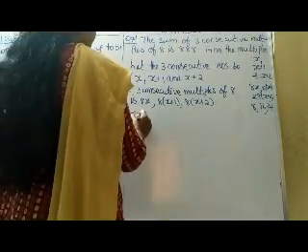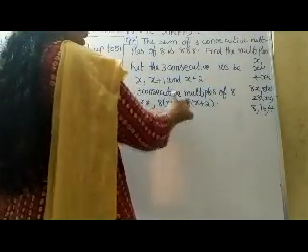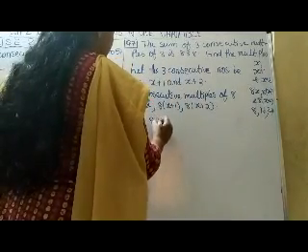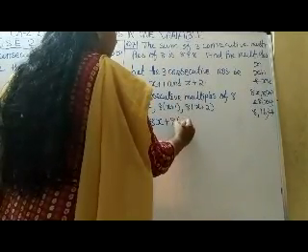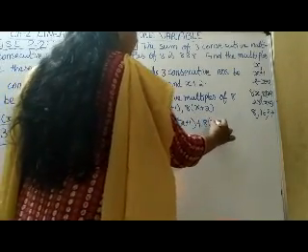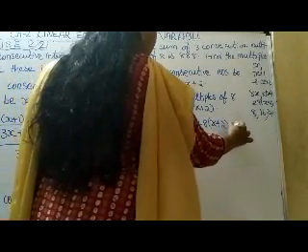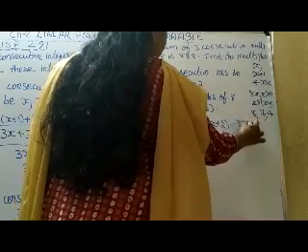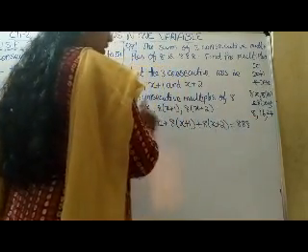The sum of 3 consecutive multiples of 8 is 888. That means, according to the question, if we add these 3 numbers, we get 888. That is 8x plus 8 into x plus 1 plus 8 into x plus 2 equal to 888. This is the equation.